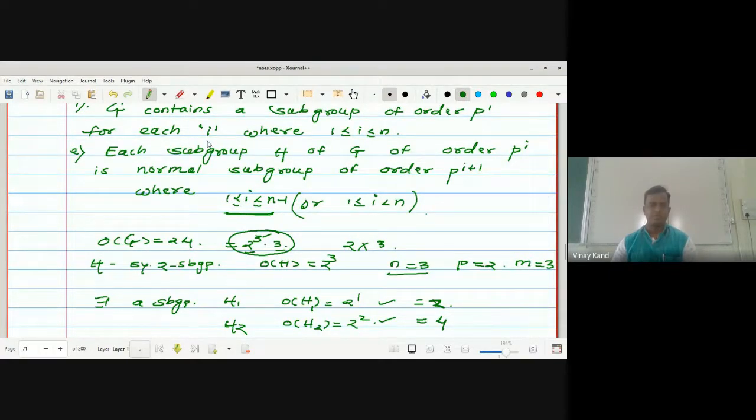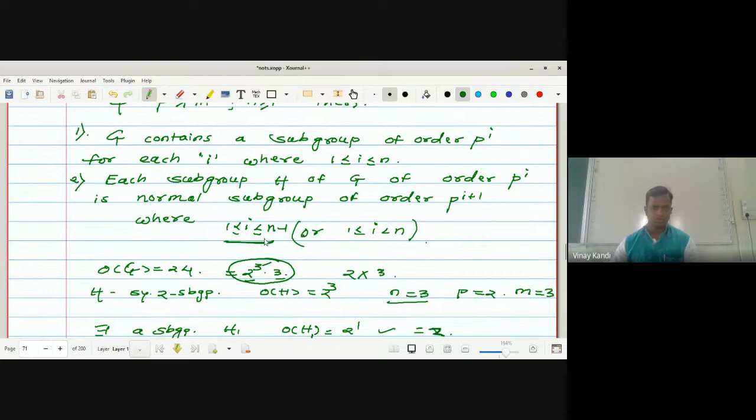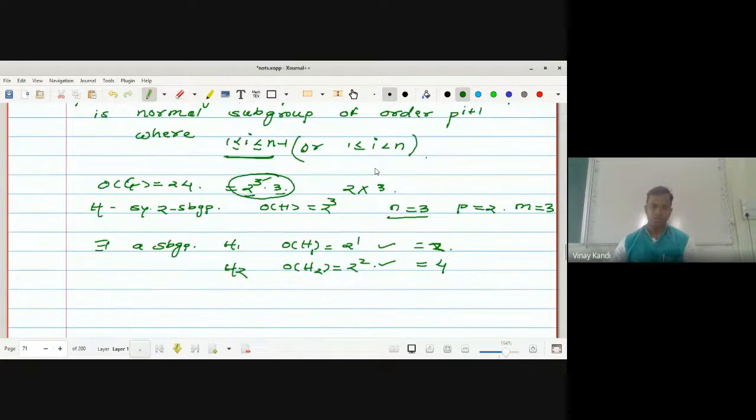Each i running from, no, I am looking at the first condition. So here there exists a subgroup H3 such that the order of H3 is again 2 cube. These are the 3 subgroups of G. This is the first statement.